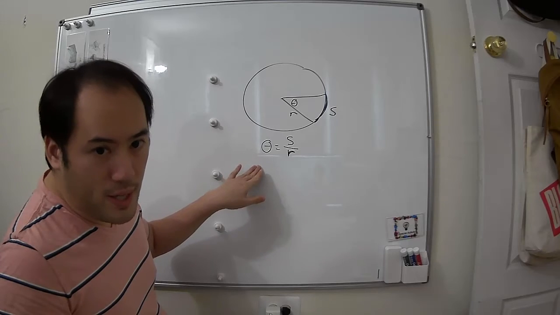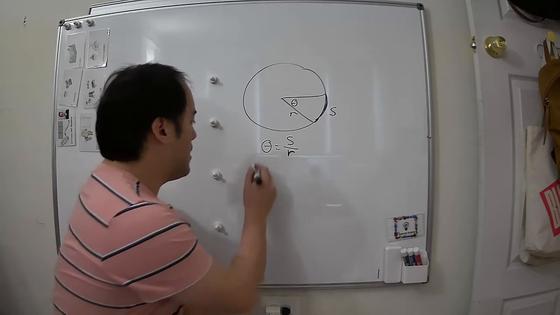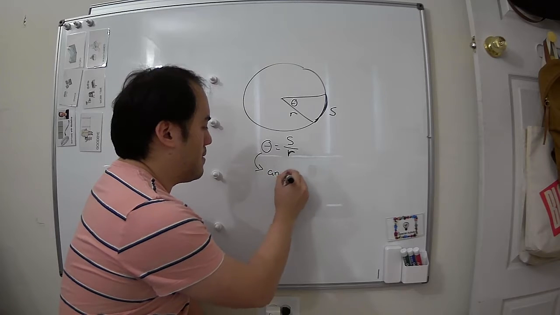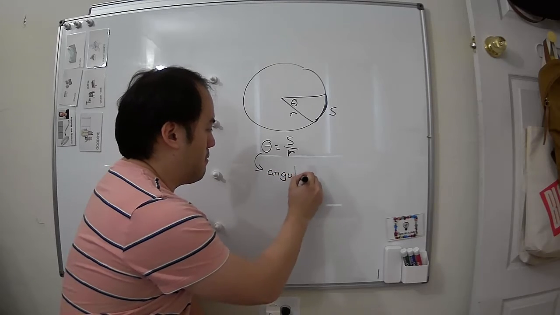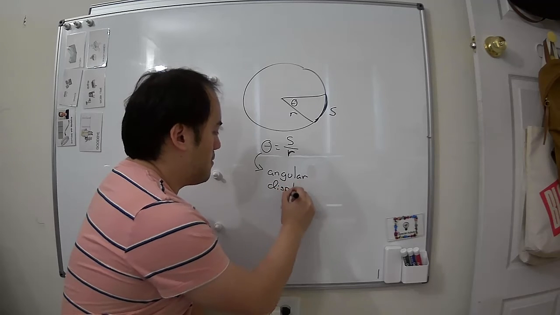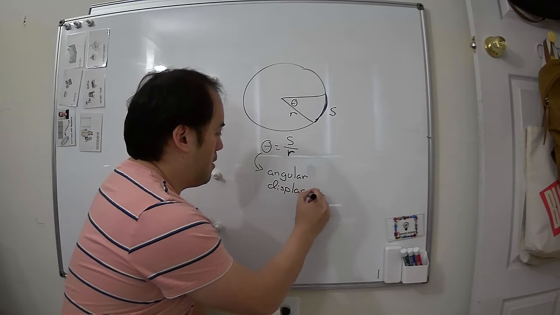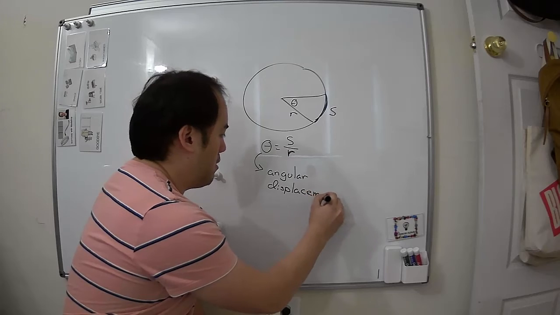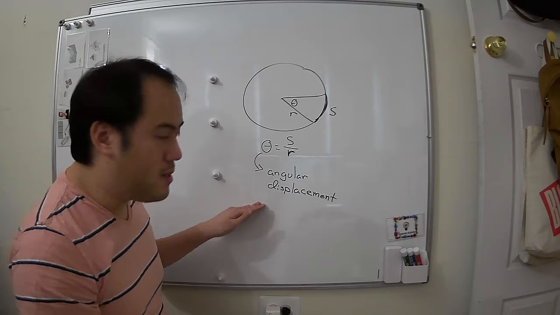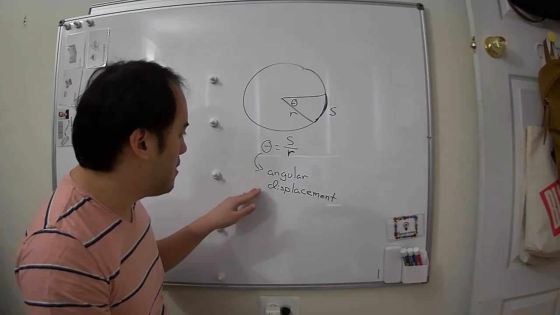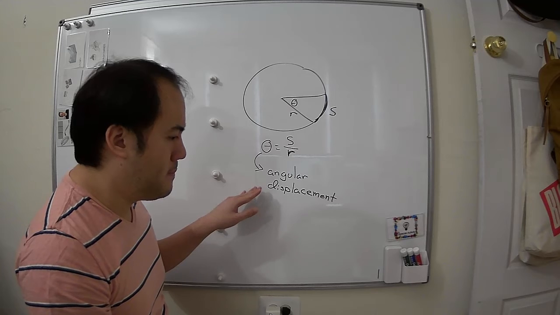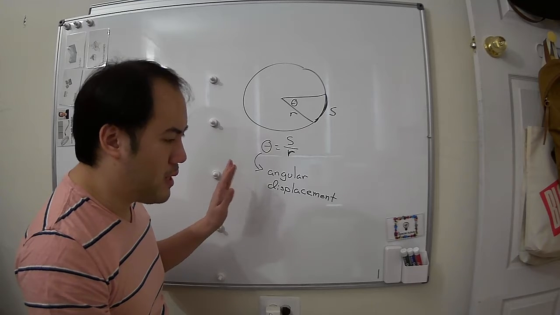We're going to call theta, not the angle, we're going to call it angular displacement. I could have used the word rotational displacement or even angular rotational.